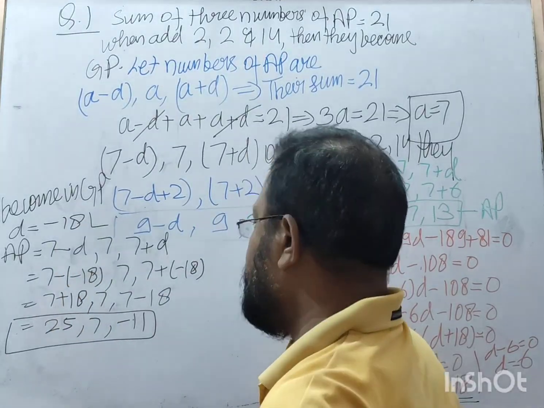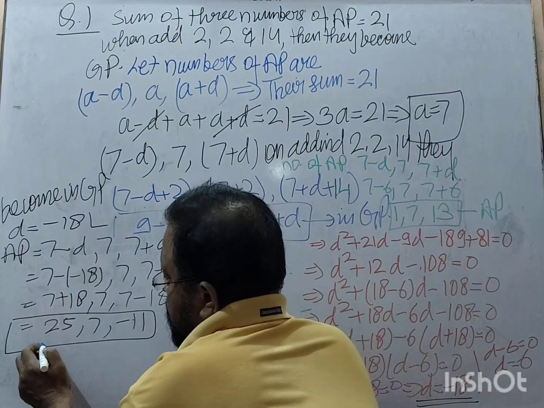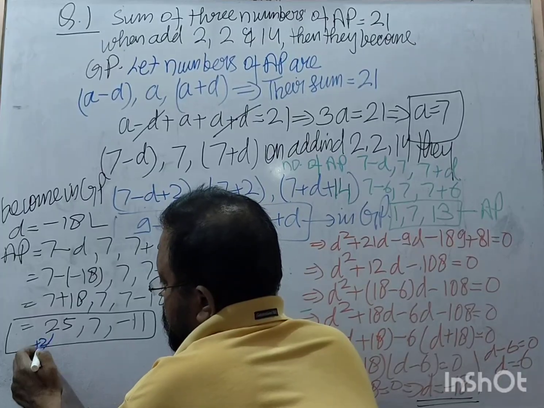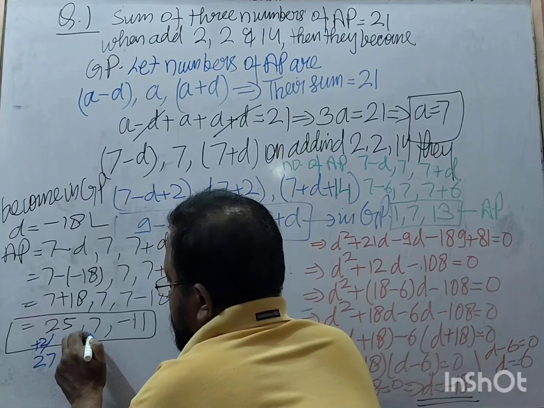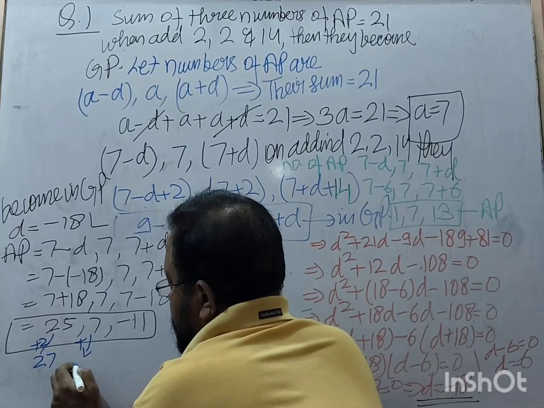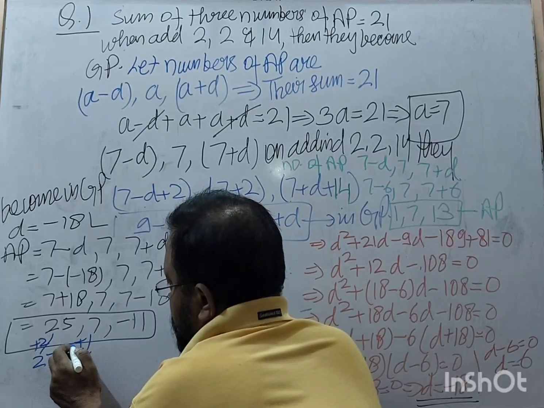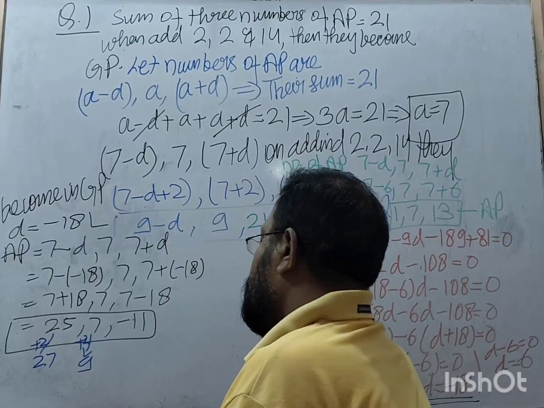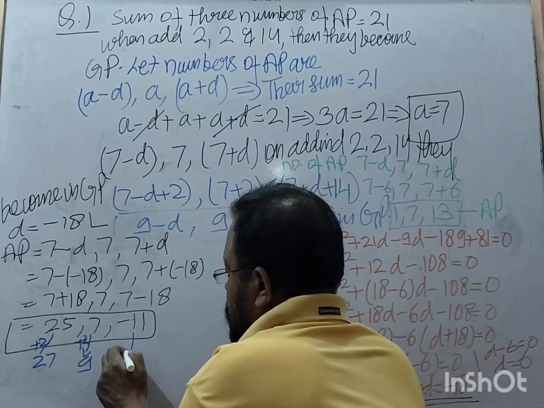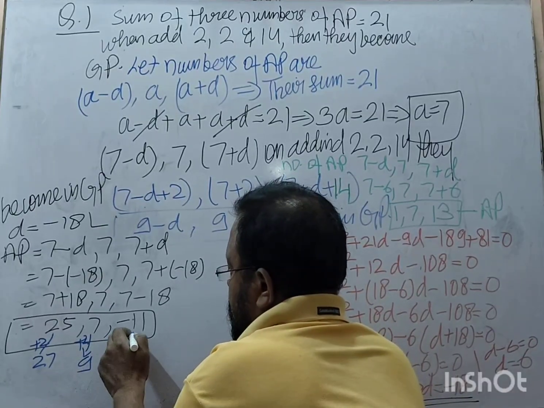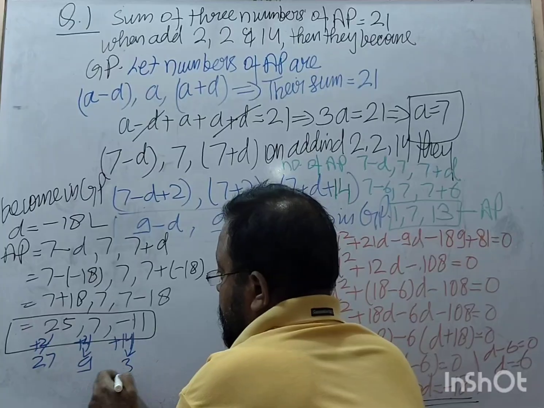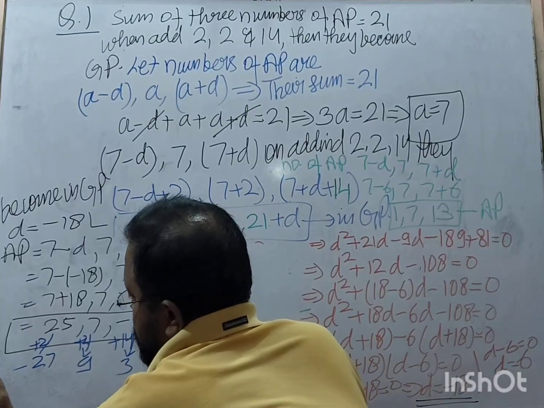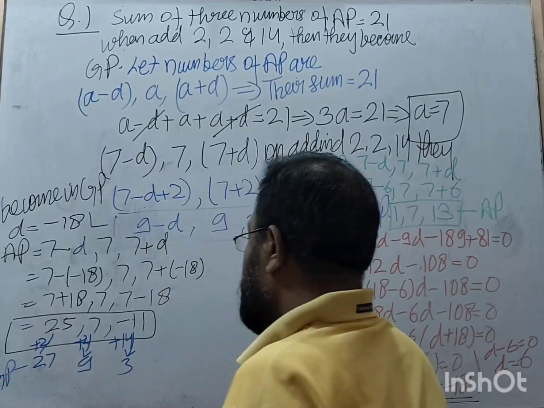Now again, if you add 2, 25 becomes 27. Plus 2, you get 9. And when you add 14, it becomes 3. So this is a GP, right?